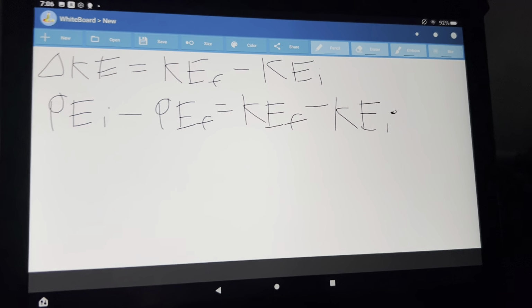Now we know that this is equal to work, because this is delta K. And you know what else is equal to work? The force times the distance.